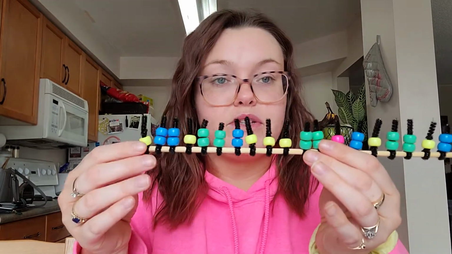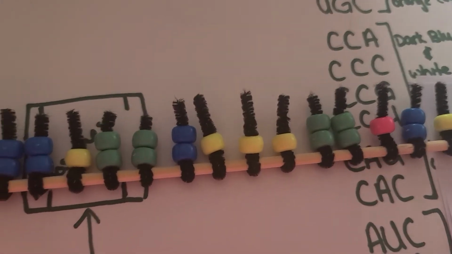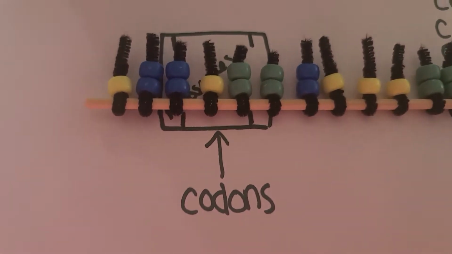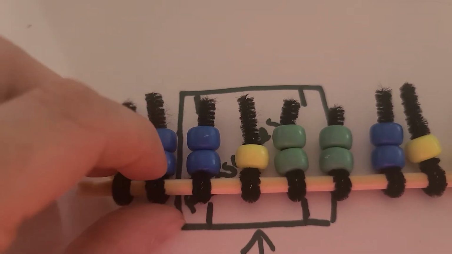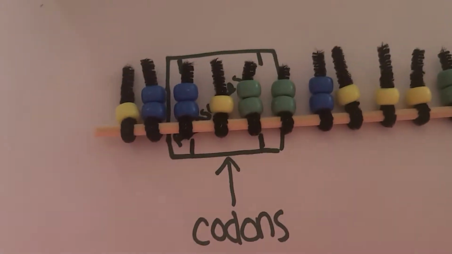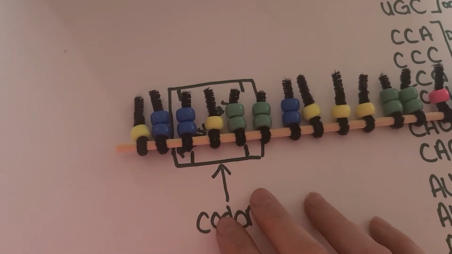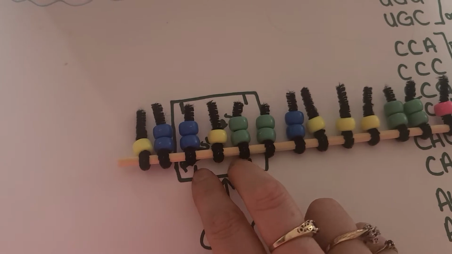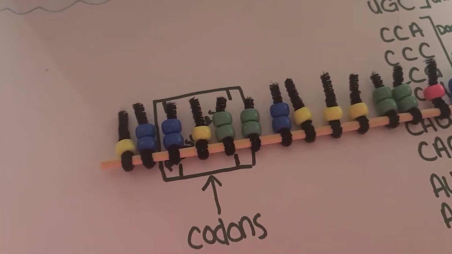As it enters the ribosome, it finds its start codon. So let me show you. There is one start codon and three stop codons. Once your mRNA reaches the ribosome and finds that start codon, tRNA makes its way over to the group of three and pairs its anticodon with a codon to create its first amino acid.